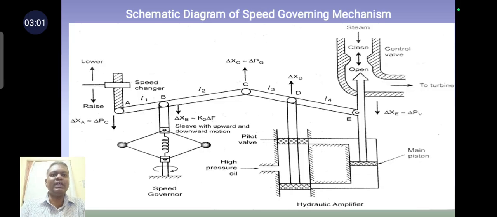This is about the speed governing mechanism. Now we are going to discuss how to open and close the valve by using the speed changer. In the next part, based upon the turbine speed, we will control the valve by closing and opening using the speed governor.